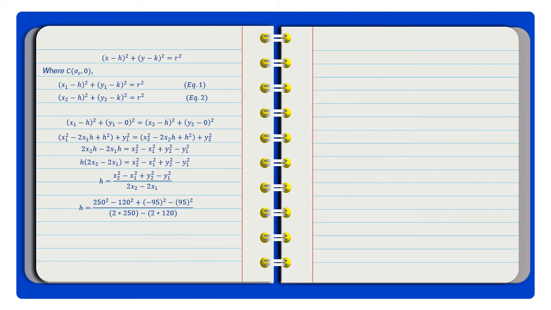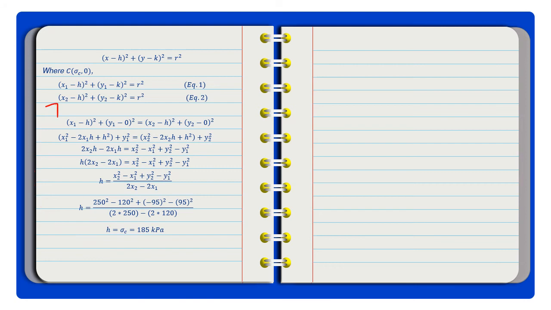So, kanina, ang center or abscissa natin ng center is 185. So, this value will also be 185 kapag ginamit natin itong formula na to in getting the abscissa of the center.